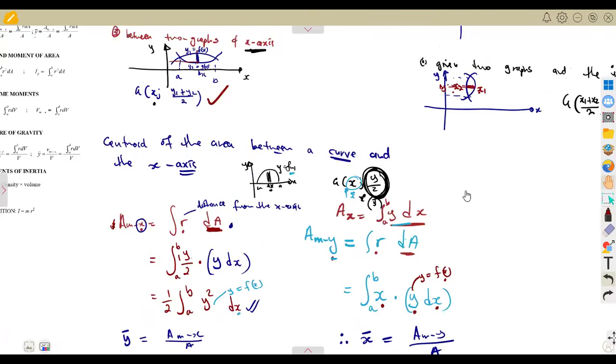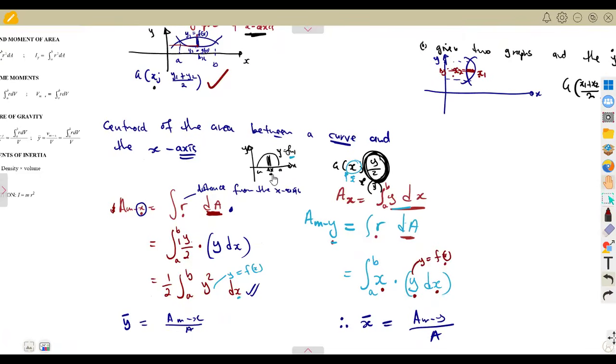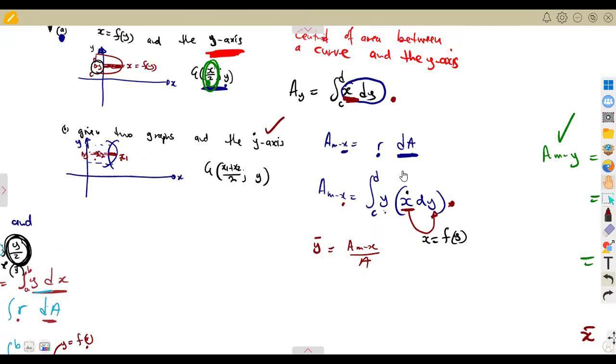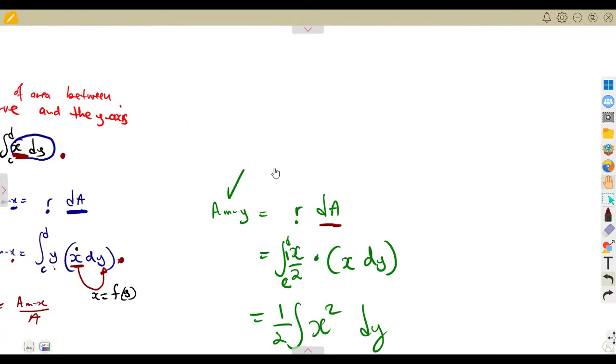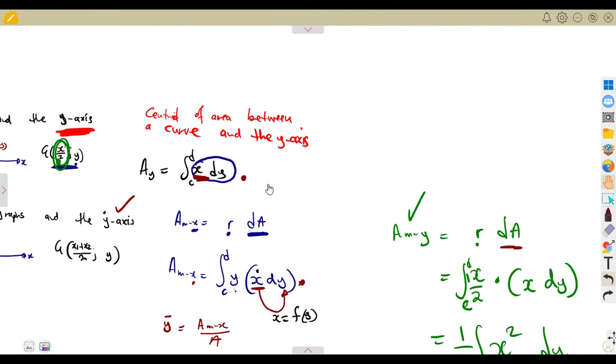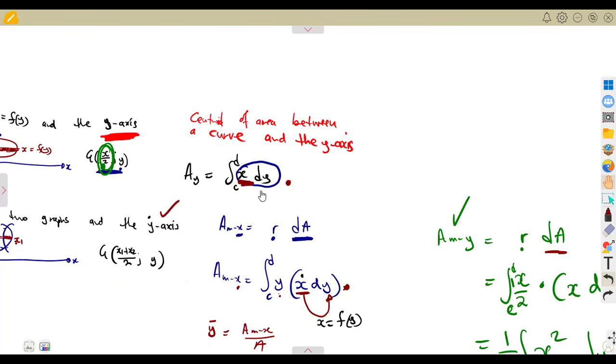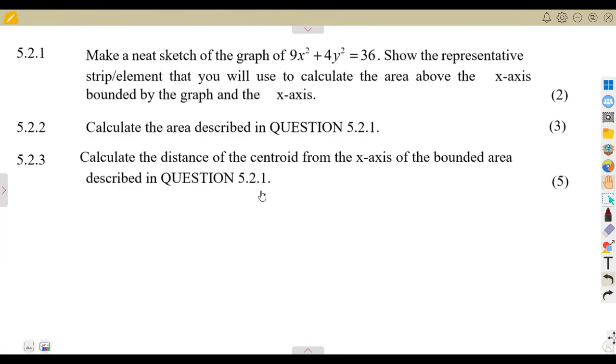So I'm just going to choose a question which applies a condition where it is either a centroid area between the curve and the x-axis or between the curve and the y-axis, like what we had here. These are two things that we're going to consider. Let's see which one we have on that question so that we can apply it.